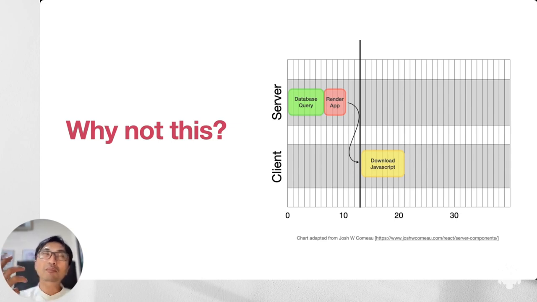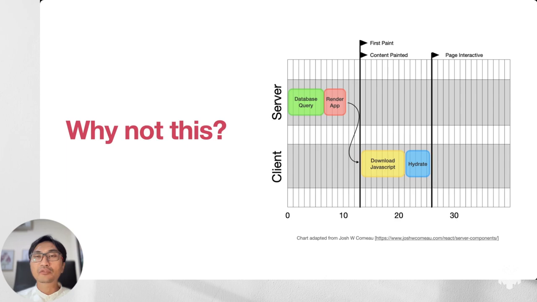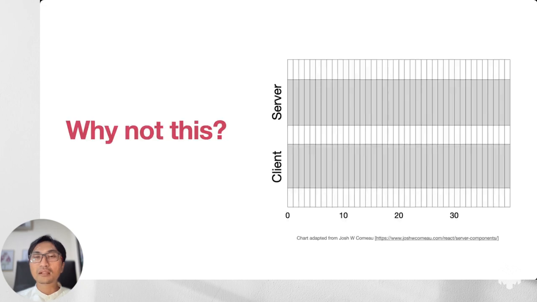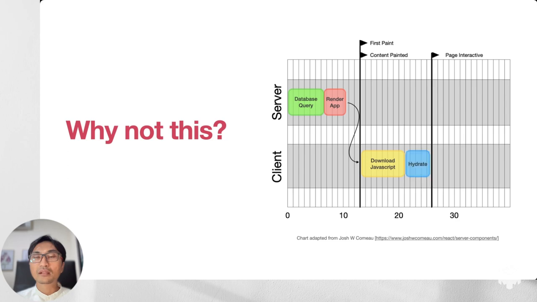It will render the app for the first time on the server, and then it will send the JavaScript and the content to the client, and then it will hydrate some of the data that is needed afterwards. So the content can actually show up faster than with server-side rendering.